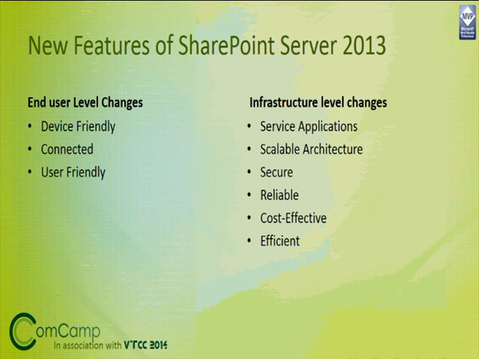So this includes a new distributed cache service built on the reliability of Windows Server AppFabric caching. I have not personally used this one, but I believe it is quite an improvement. There are a lot of improvements over disk input-output operations as well. We have shared storage improved as well in 2013.